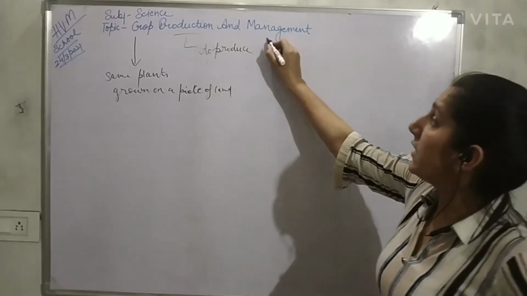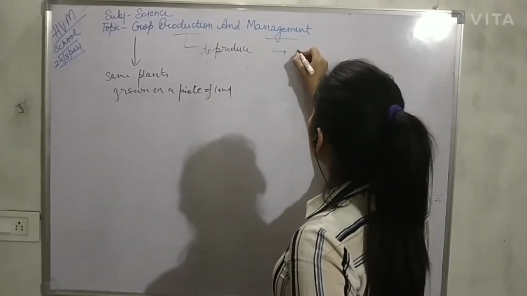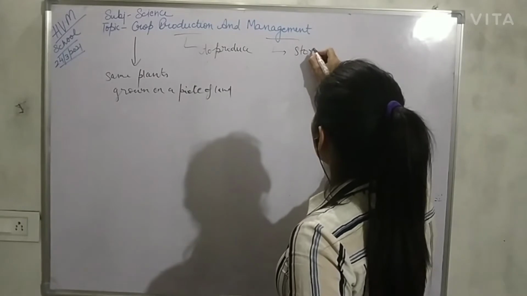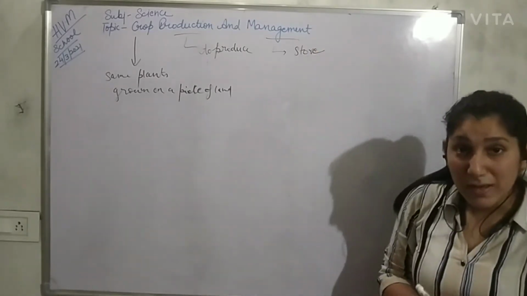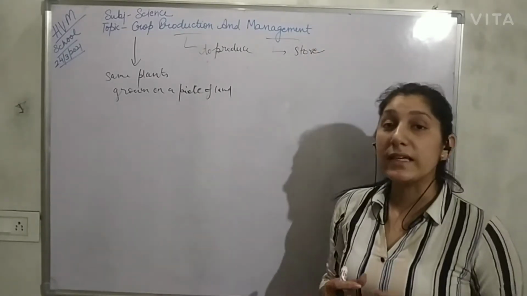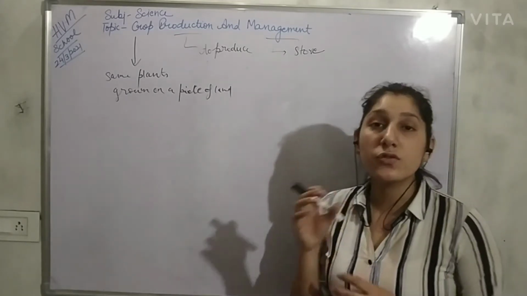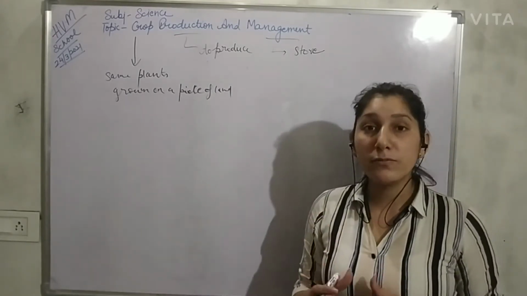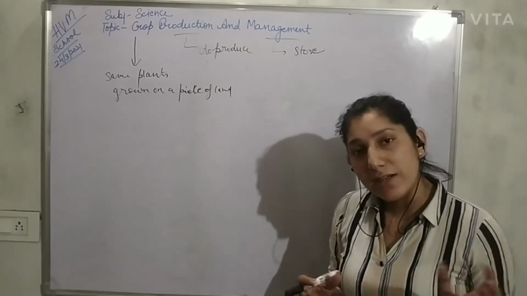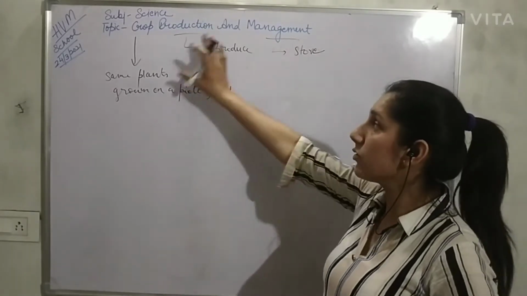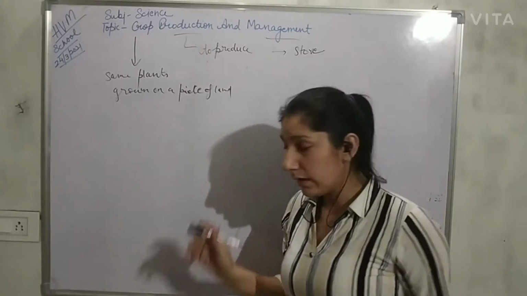Then comes management. Management means to store. So in management we will see how, when the crops are formed, we store them, and how we protect them from various insects and weeds around. So this is all about this chapter, right?